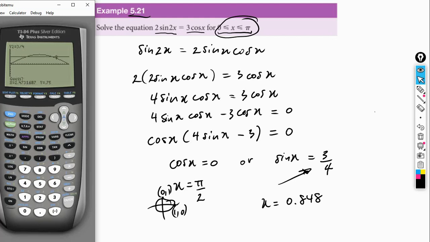Guess. And there's the solution. So it's going to be at x equals 2.29. So those would be the three solutions for this equation.